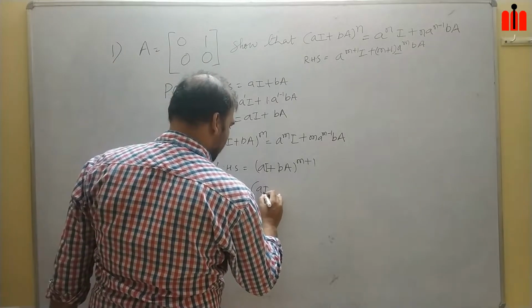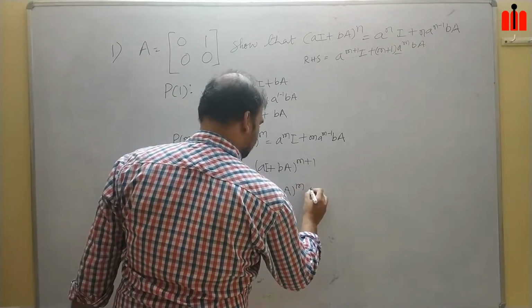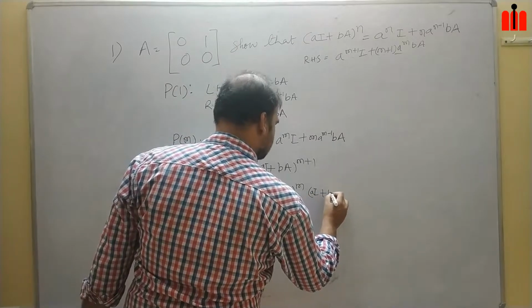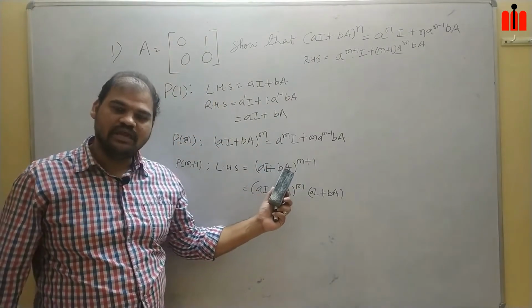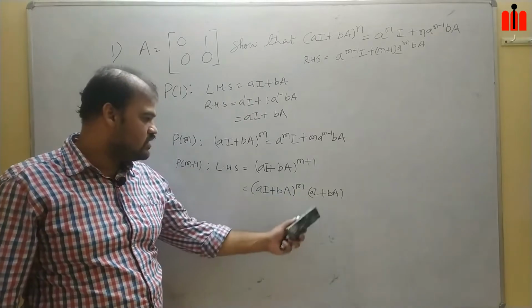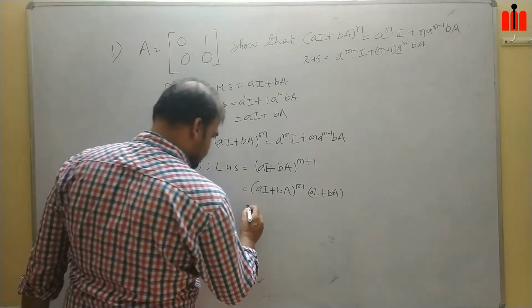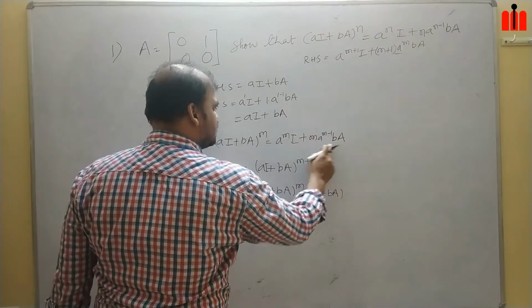This will be (aI + bA)^m into (aI + bA). Okay, (aI + bA)^(m+1) can be written as (aI + bA)^m into (aI + bA). Now (aI + bA)^m you can substitute from this equation.